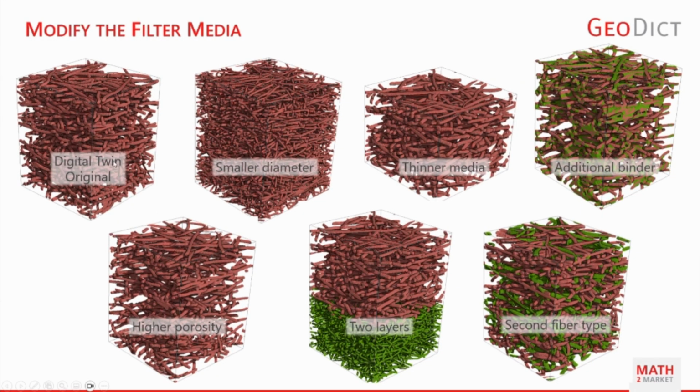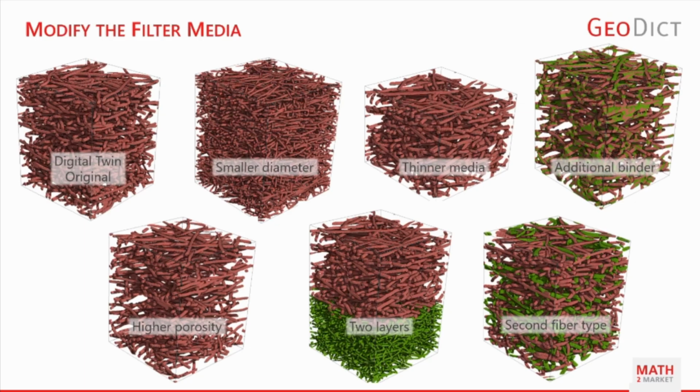For example, for the fibers, if you have the original, you can select smaller fiber diameters, or make a thinner fiber media. You can add binder, make higher porosity. You could make media with different layers, or add a second fiber type.